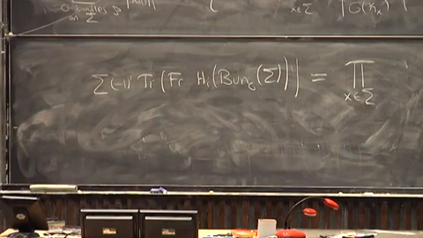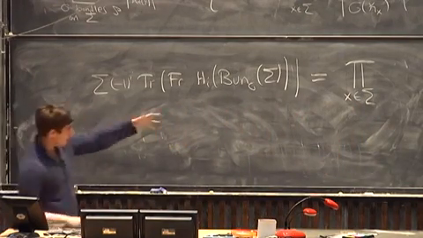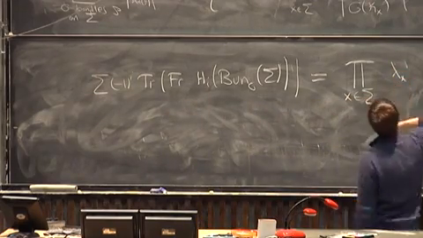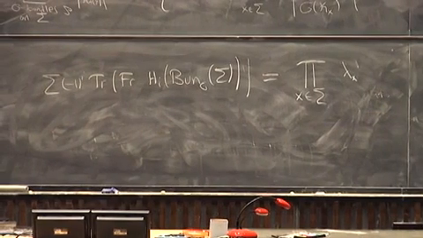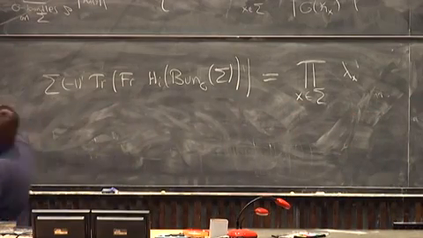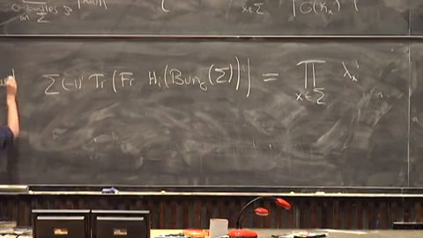It's given by a product of local factors at the points of your curve. So let me just write lambda_x. Lambda_x is that number up there, but I'm not going to convince you of that in this lecture. So this is what we want. We want a statement like this.